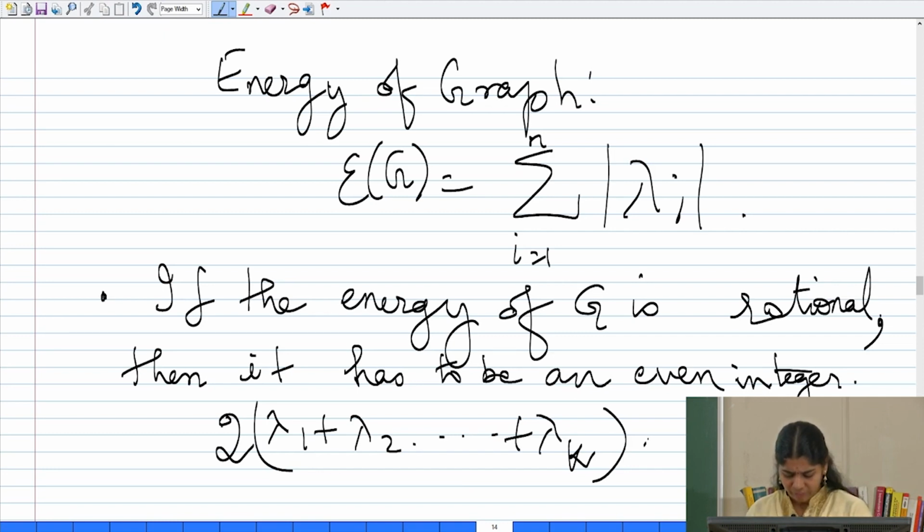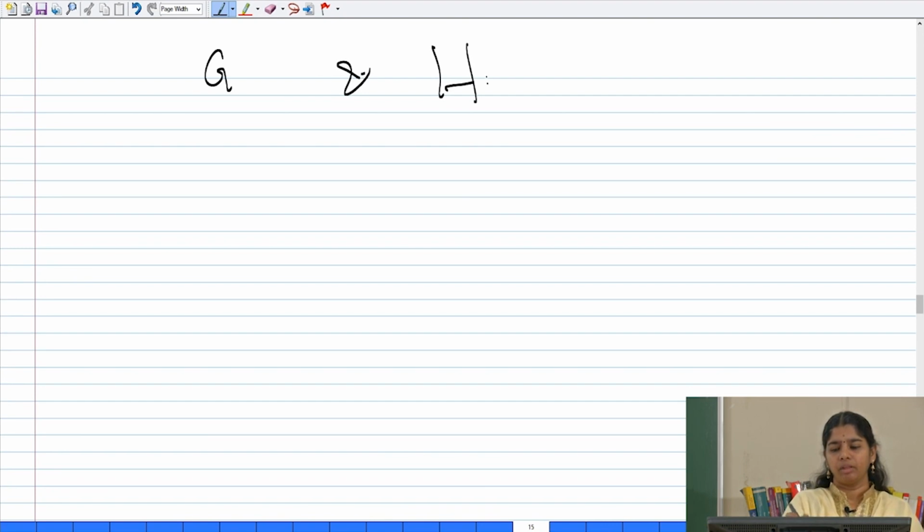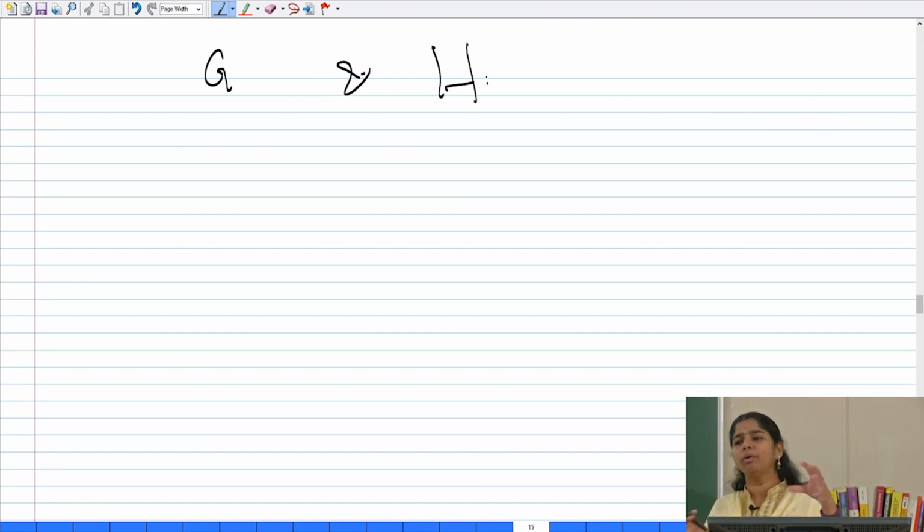So, a little further down, how do we connect two graphs? Suppose I have two graphs G and H. If I want to talk about the eigenvalues of G and eigenvalues of H, how do I connect them? There is one way of combining the two graphs.